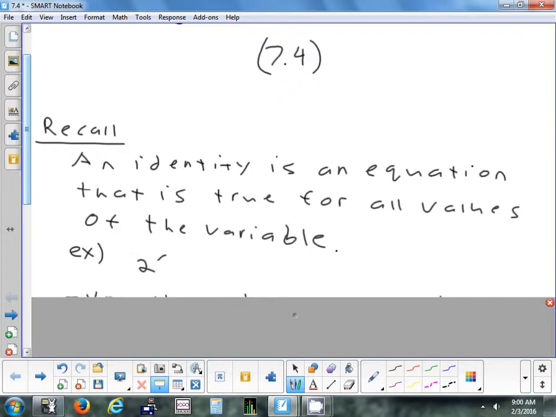Let's say 2 times (x plus 3) equals x plus x plus 1 plus 2.